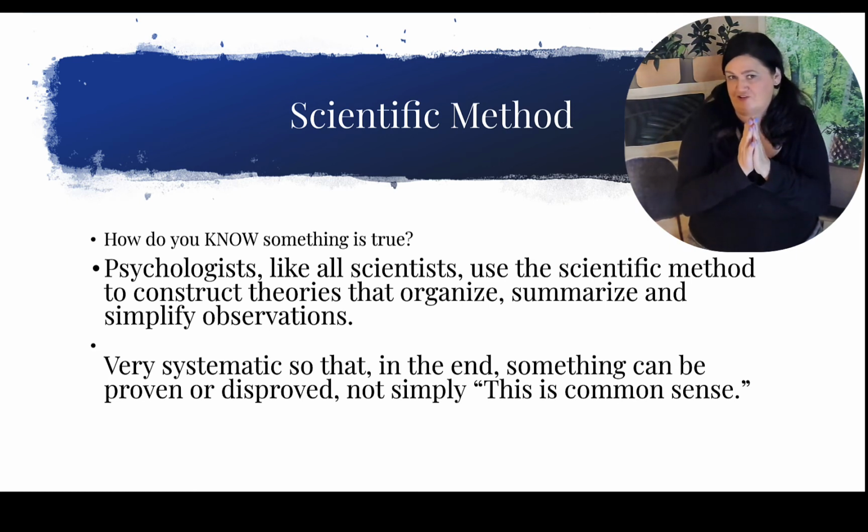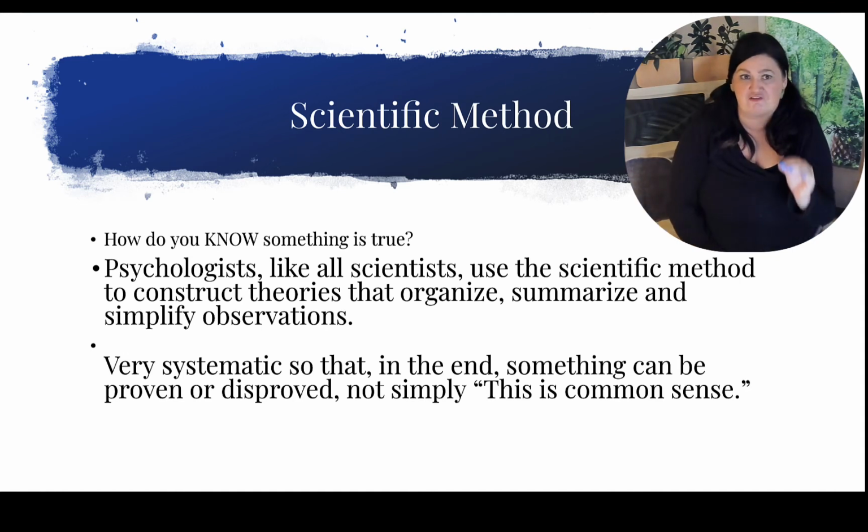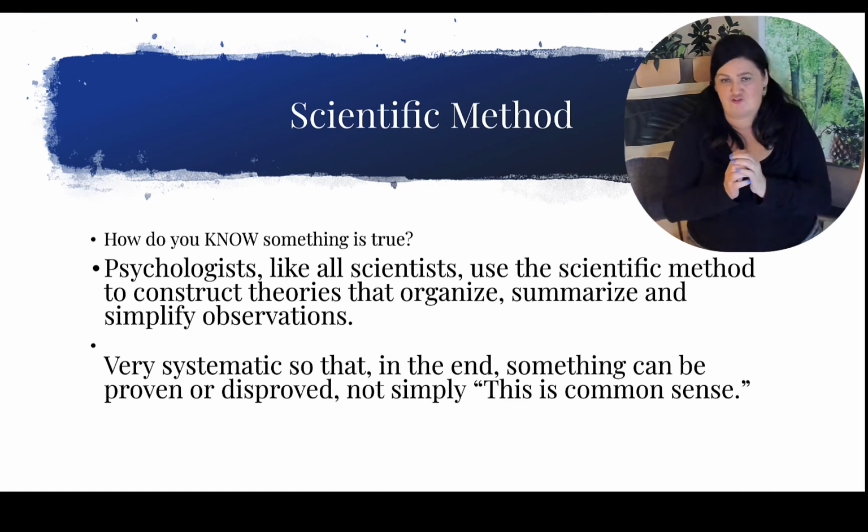Well, psychologists, like all scientists, use the scientific method to construct theories, which in the science world, although not truth, are as close to truth as scientists recognize we could ever be. So they use these theories to organize and summarize and simplify the observations so that other people can digest and consume them.